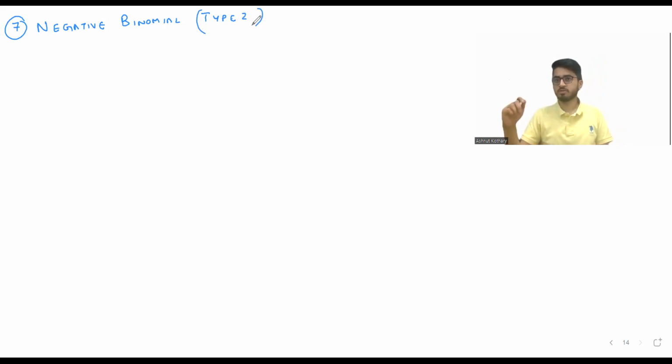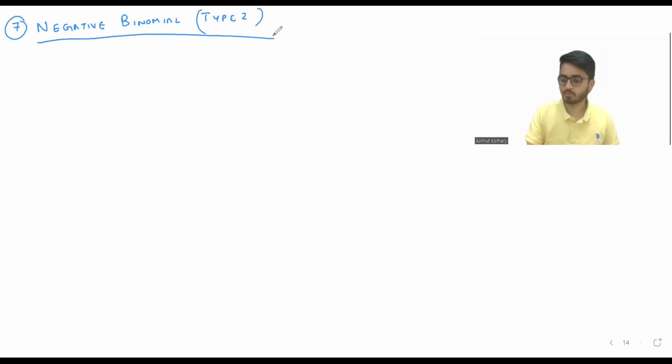Number of trials on which we got the kth success. Like geometric type 1 was the number of trials on which we got our first success, type 2 was the number of failures before the first success. So here it is the number of failures before the kth success. So negative binomial type 2.